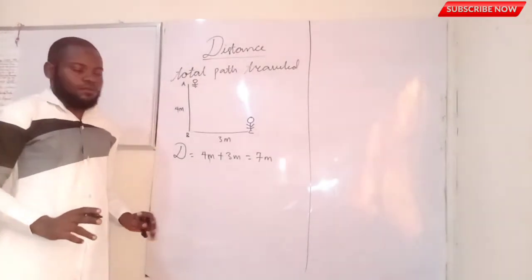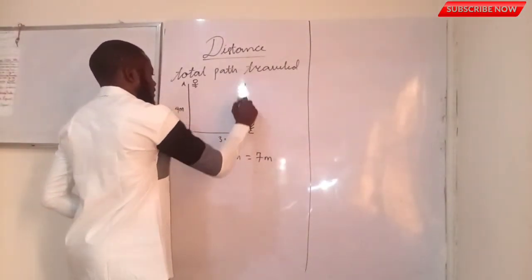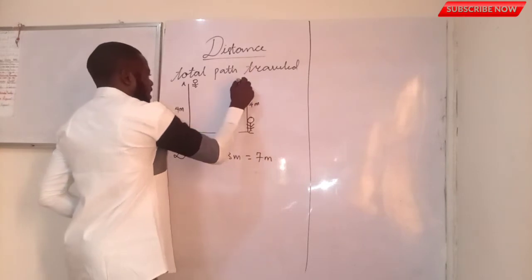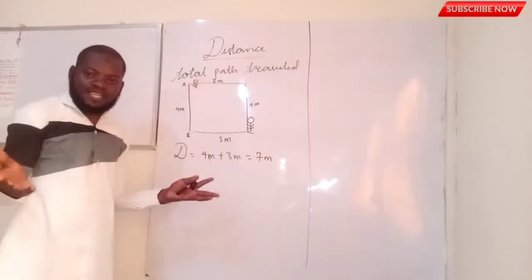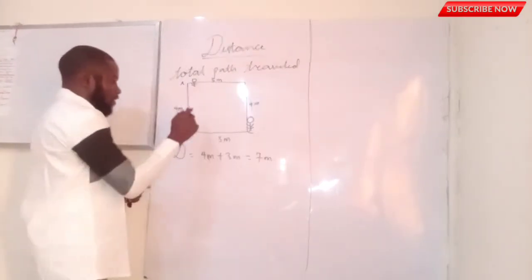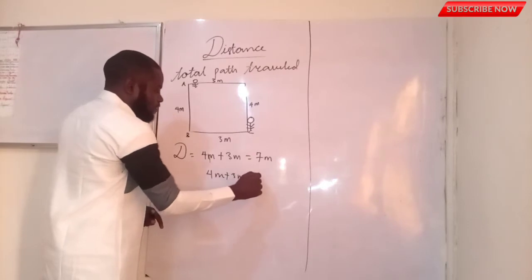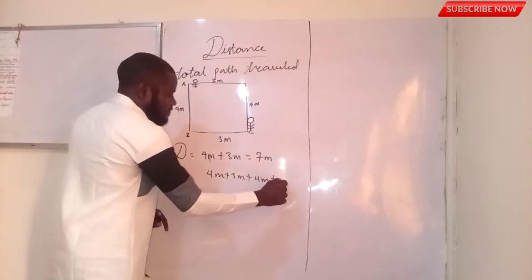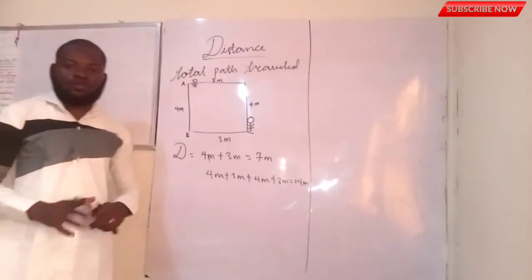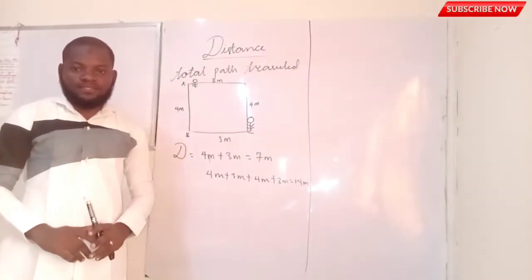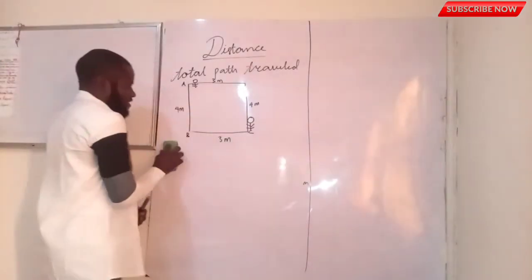Even if the body should move up like this, down like this, if this is another 4 meters, and it moves back like this is another 3 meters, and they ask what is the distance of the body, the distance is just going to be 4 meters plus 3 meters plus 4 meters plus 3 meters, and that will give us 14 meters. So that is what they call distance. I believe we understand.